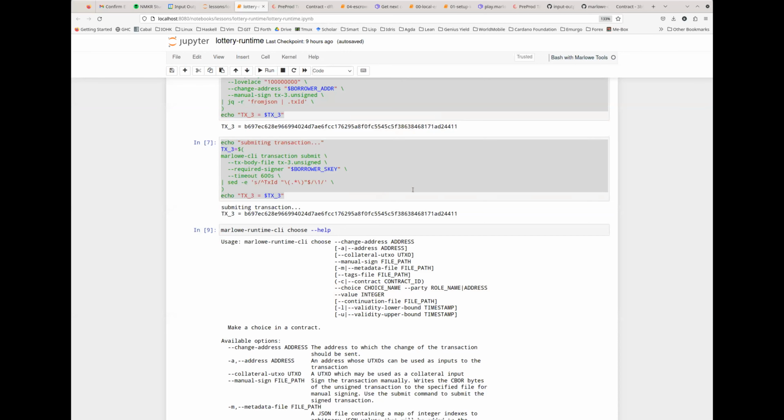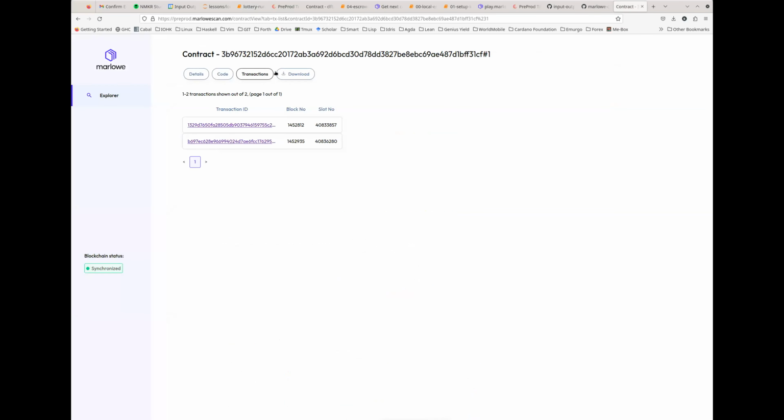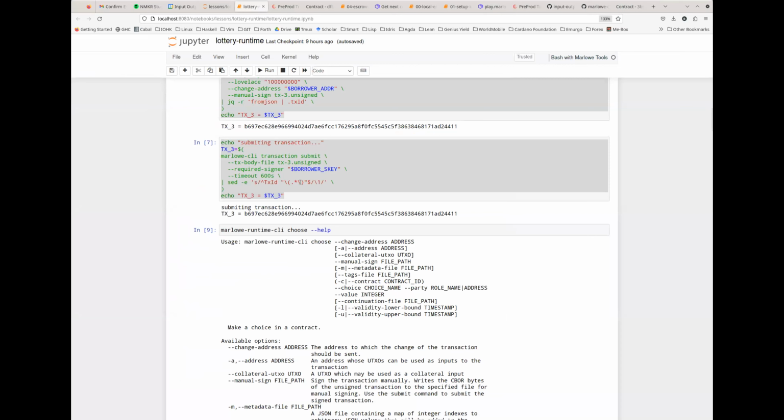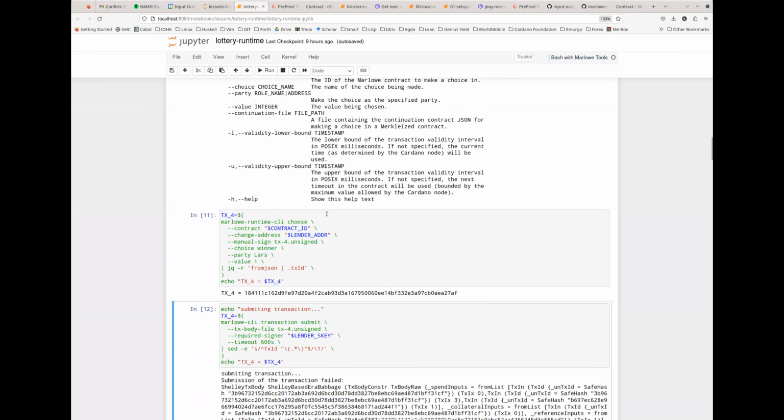So that is fine. Let's see whether maybe it was just not there yet. No, unfortunately not. And the timeout is also not reached yet because we said 5:50, right? So there should still be 20 minutes or 18. So that's all good. What else can go wrong?